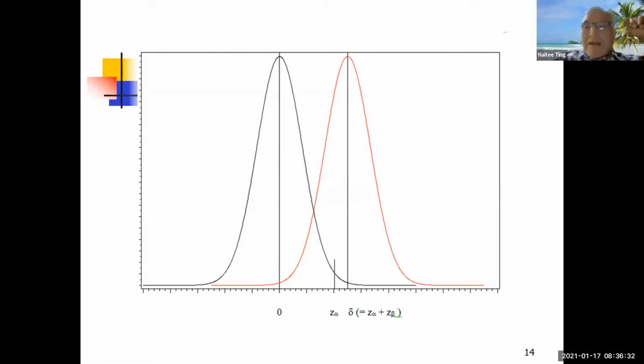But in fact, this is under null, when the truth is that the drug does not work, and you claim the drug works. You're making a type 1 error. You're rejecting a true null hypothesis. A true null hypothesis being the test drug does not work. It's just another placebo. And then you're making a mistake.